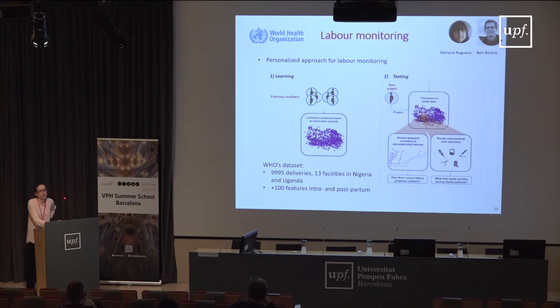So with 80% of the mothers, we use the unsupervised multiple kernel learning projected into the output space. Then with the other 20% remaining, we would project the mothers into the output space based on the similarity of these mothers with the other 80%, and try to predict the trajectory of this mother, and also if this mother would have an intervention, a cesarean, or a bad outcome or other things. Okay.